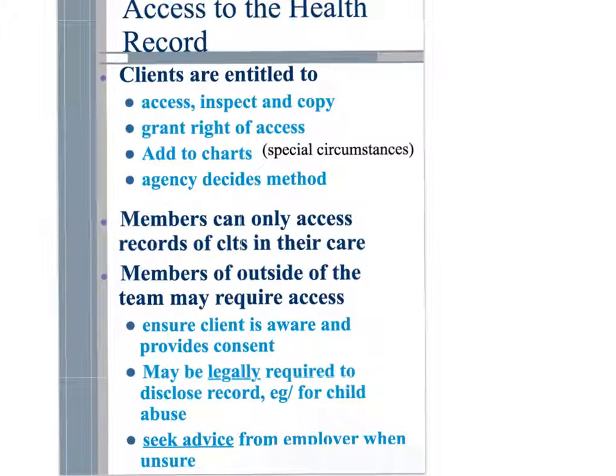So whenever the records are going to be viewed by somebody that's not within the healthcare team, the client has the legal right to be aware and to provide consent, unless it's legally binding, such as in the case of abuse. Then they still need to be aware, but they don't need to provide their consent because the law overrides that. When in doubt, because you can be charged with violations of the PIPA Act, you need to seek advice from your employer. And that's the end of part 2 for our College of Nurses documentation standards.